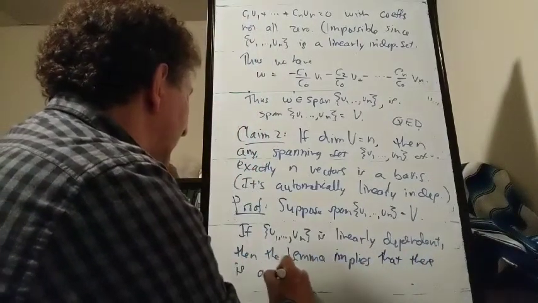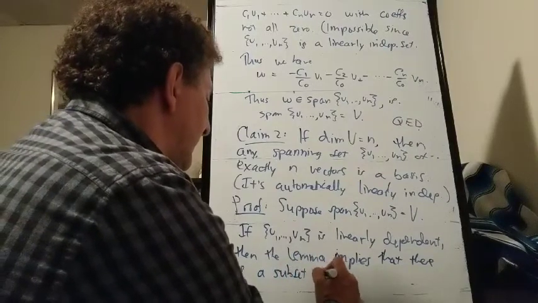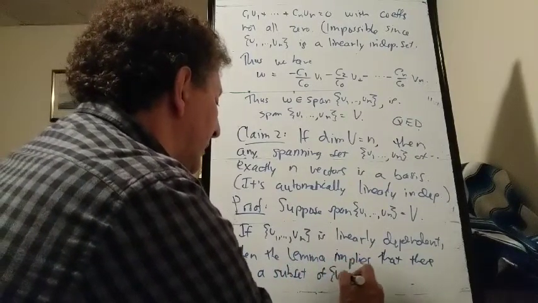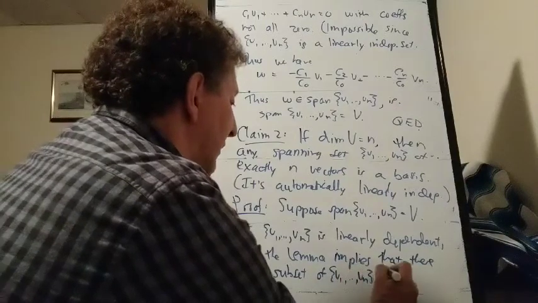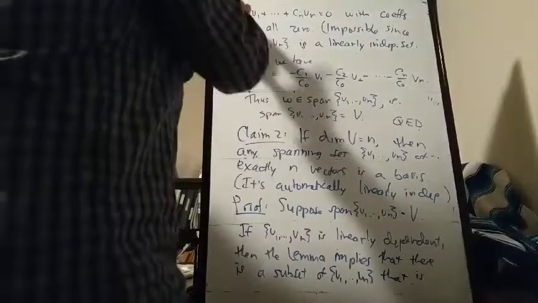So there is a subset of v1 through vn that is linearly independent and has the same span.